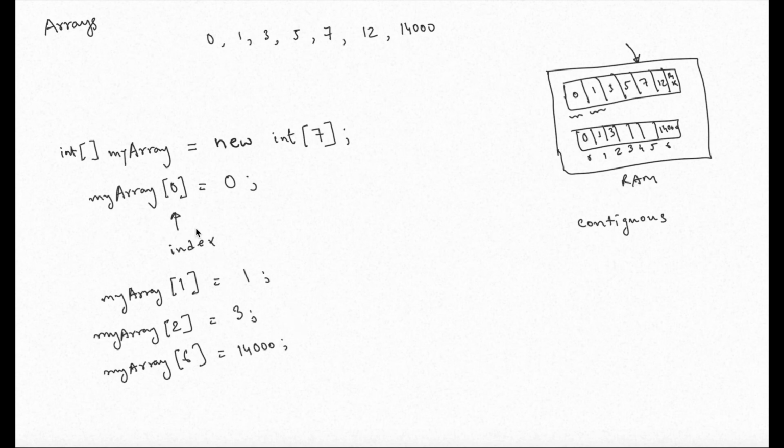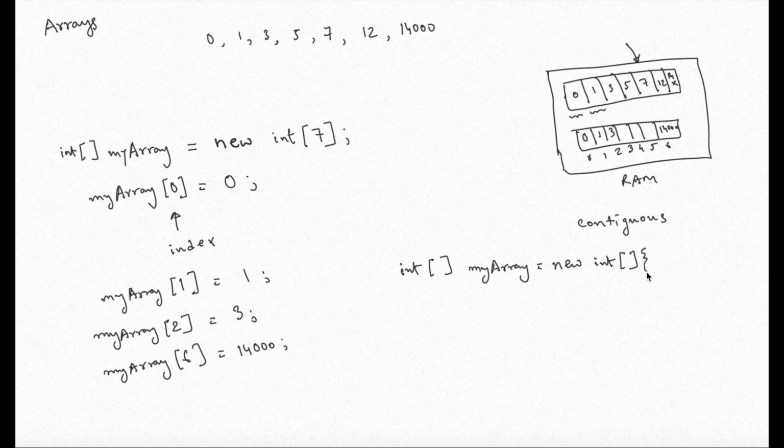But what if we want to define our array with these elements in the very beginning, so that we don't have to assign the values later on after we define our empty array? How can we define an array that is not empty in the very beginning? Again, this would be an integer type array, so we can say myArray equals new int, and then in the square brackets we would not put anything.